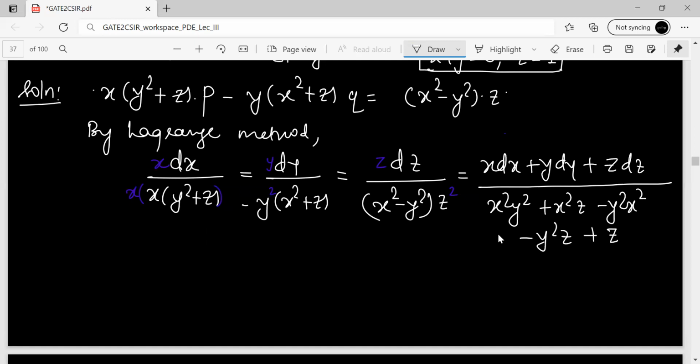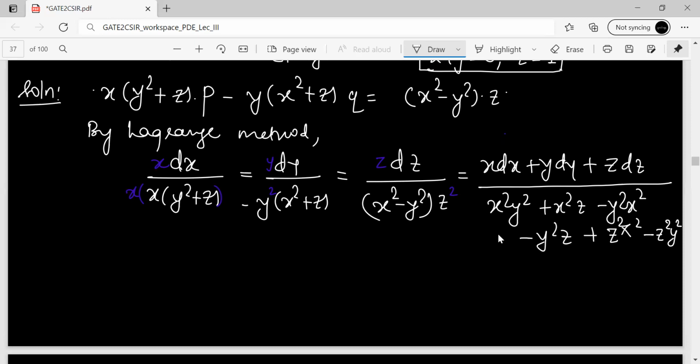Something is wrong here. What? Because this is getting cancelled, this is getting cancelled. Let me check one more. So it will be y square x square, that's fine, y square z, plus z square x square, and then minus z square y square. What is wrong?